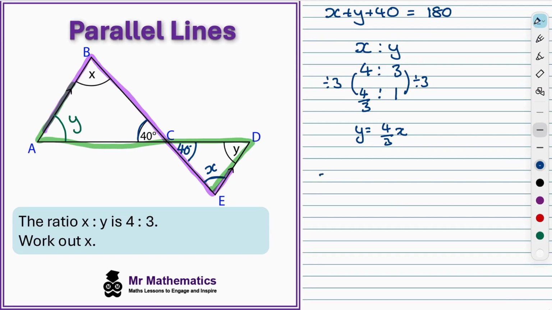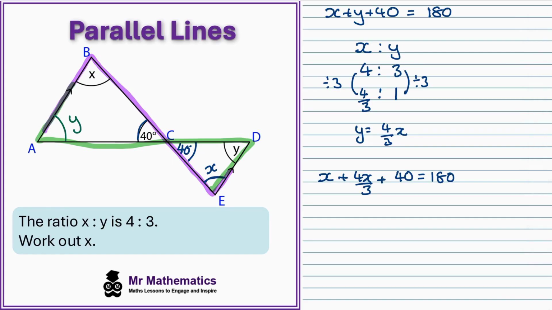So we've got X, which is this angle here, plus the Y, which we can write in terms of X, so plus 4x over 3, plus the third angle.